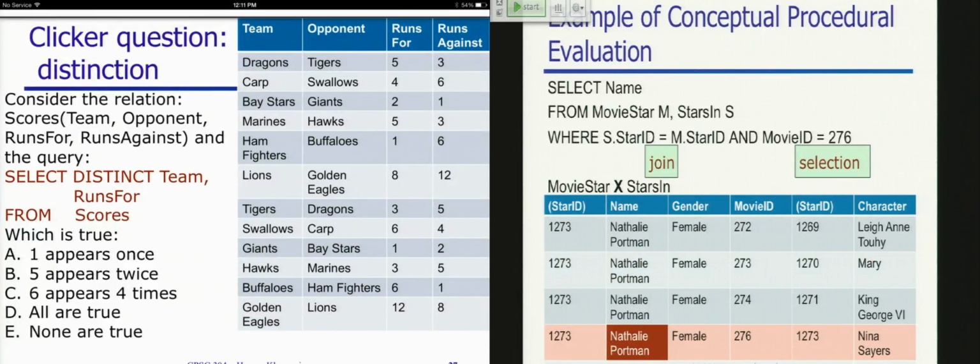I can first look at the join, or I can first look at the selection. I can either first take all the star IDs and all the movies and join those together, and then find the people that are inside this movie. Or I can first find this movie and then only find people that are coming from this movie.